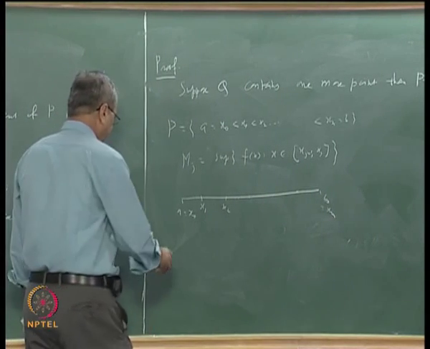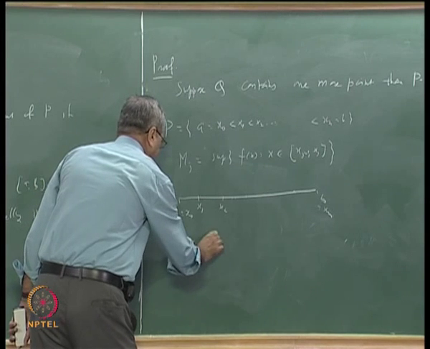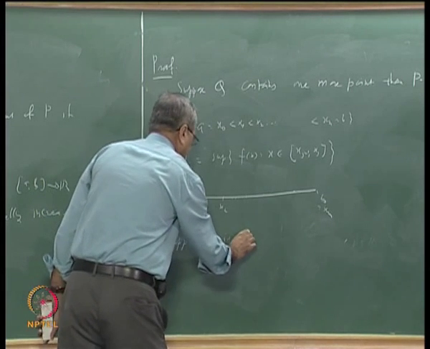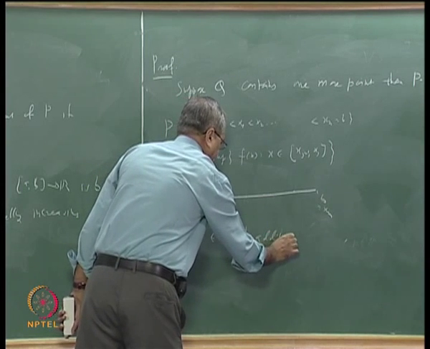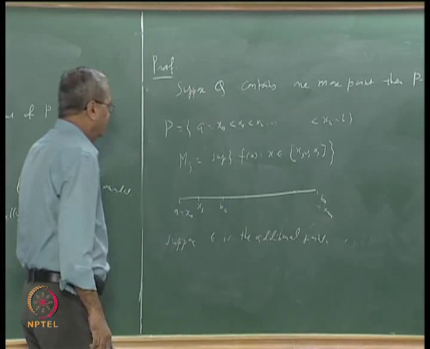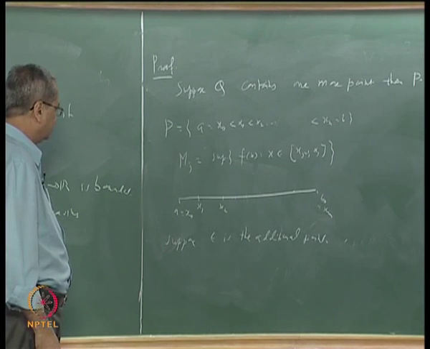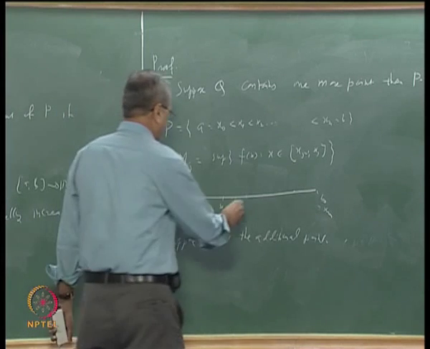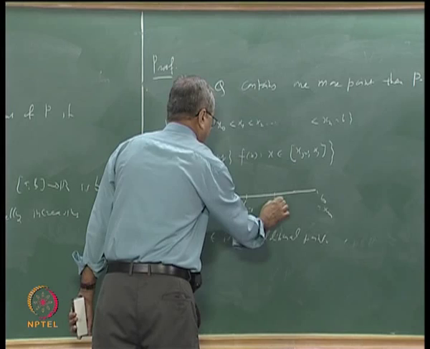So suppose T is the additional point. Now that point has to lie in some subinterval. Suppose that subinterval is [x_{i-1}, x_i].